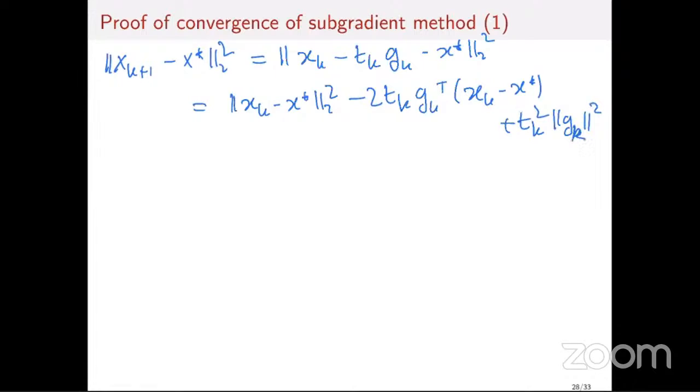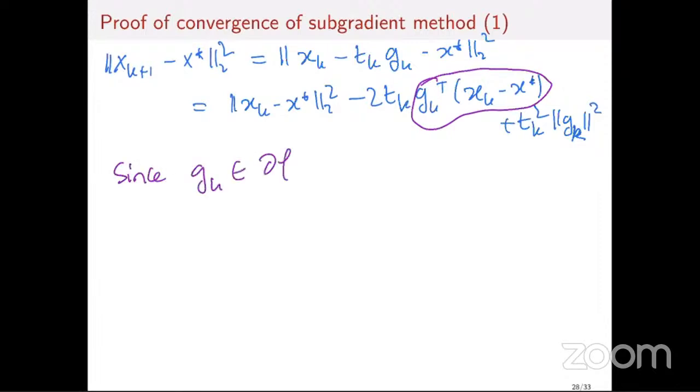I just wrote that the norm of a plus b squared is the norm of a squared plus 2 times a transpose b plus the norm of b squared. Now I'm going to use the fact that g_k is a subgradient to try to simplify this term here.